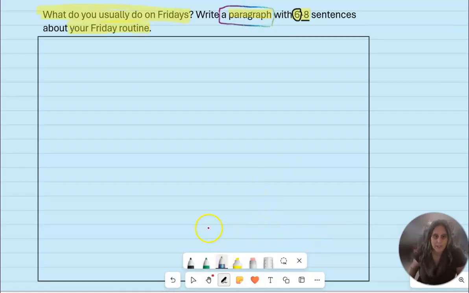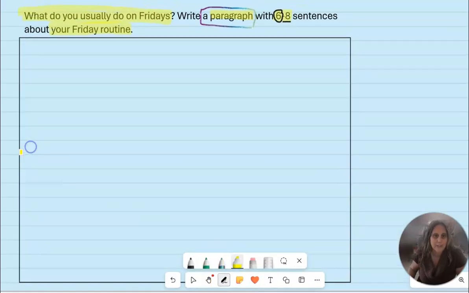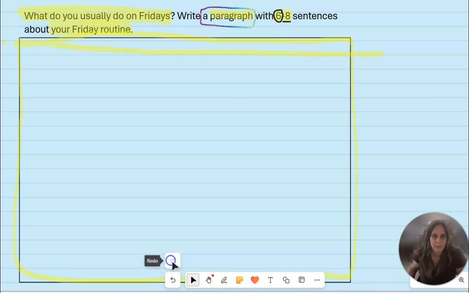So for example, this here is my paper. We can see the limits of the paper right here.